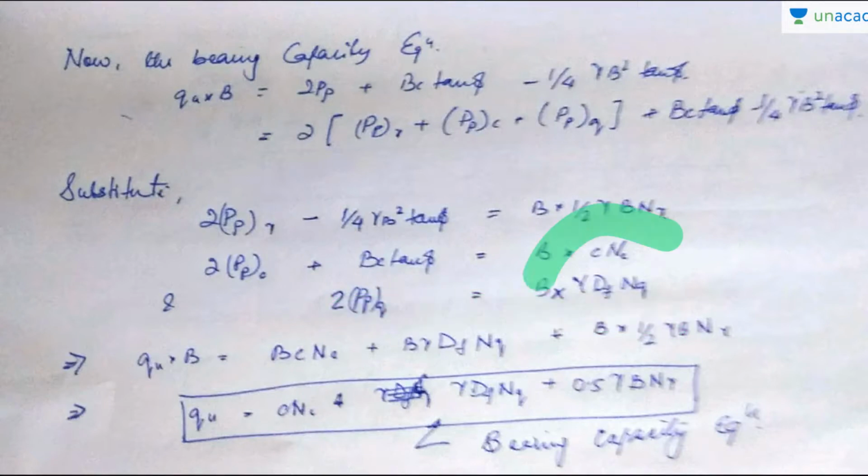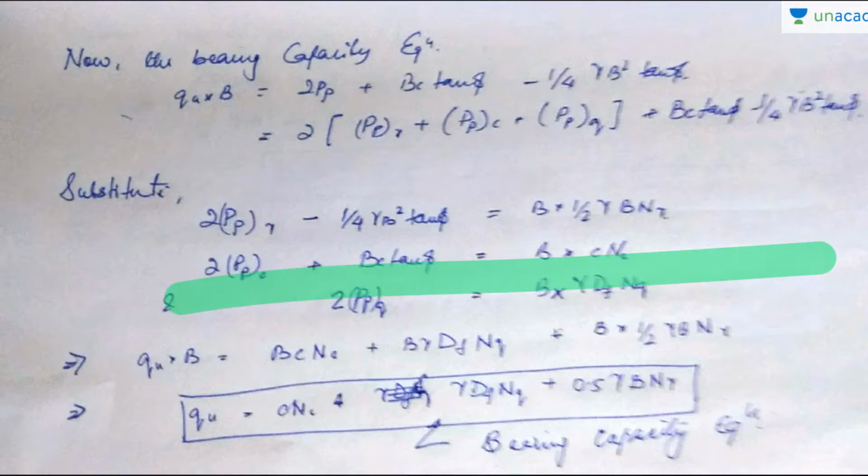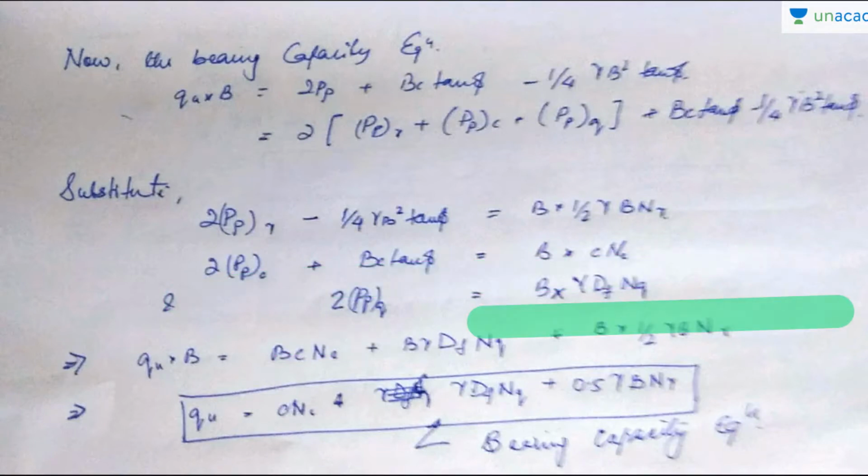I have introduced the terms N gamma here, and NC and NQ. 2 times PPC plus BC tan phi is taken to be equal to B cross C and NC, and 2 times PPQ is equal to B cross gamma DF and NQ.